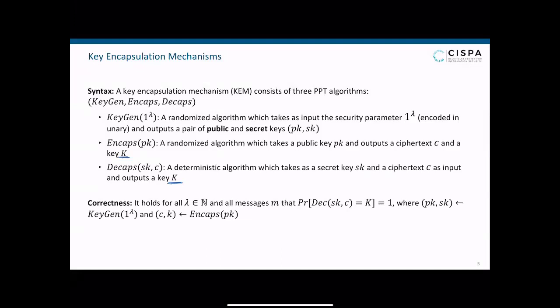Correctness is, of course, as usual. So if I generate a key pair PK, SK and then create a fresh encapsulation of a key K, then if I decapsulate the ciphertext, I will get the same key. Now you can think about this as a public key encryption scheme which only encrypts random messages that the encryption algorithm, here called Encaps, chooses itself.